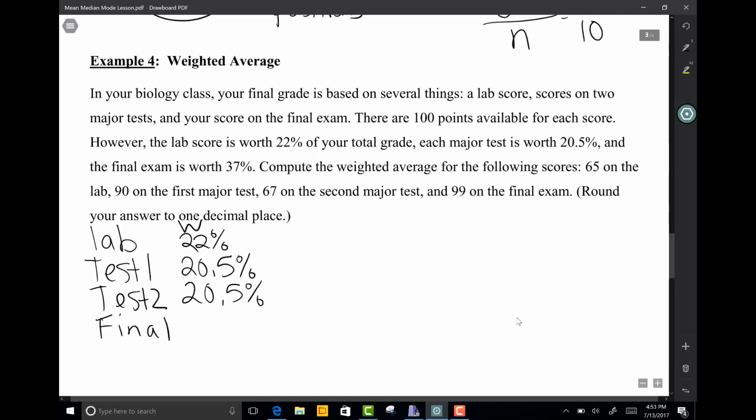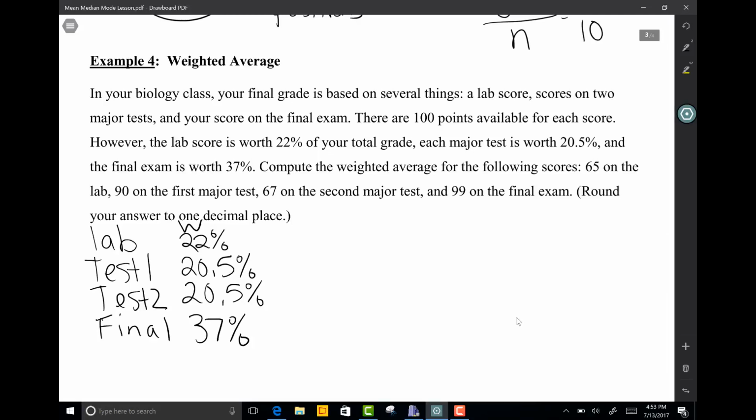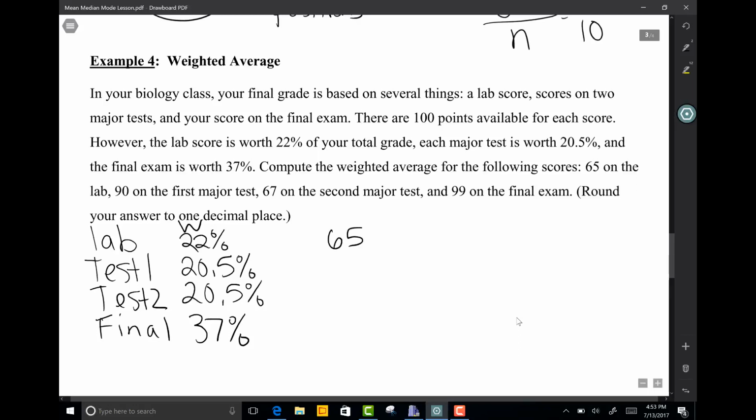And then it says your final exam is worth 37% of your grade. We're going to compute the weighted average for the following scores. You got a 65 on your lab, 65 out of 100. You got a 90 on the first test. You got a 67 on the second test, and then you got a 99 on the final exam.